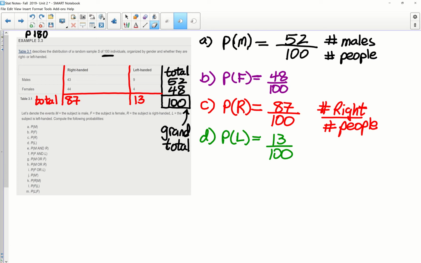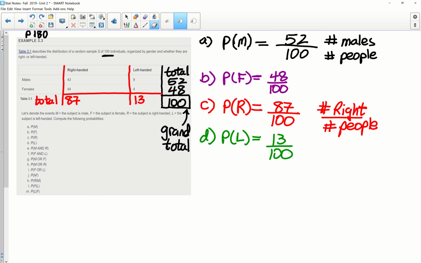Let's say the grand total is 150, then that 48 for females wouldn't represent 48%. It would be 48 out of the 150, which would be a smaller percentage. So you would want to do the calculation so that you can conceptualize what those values are.